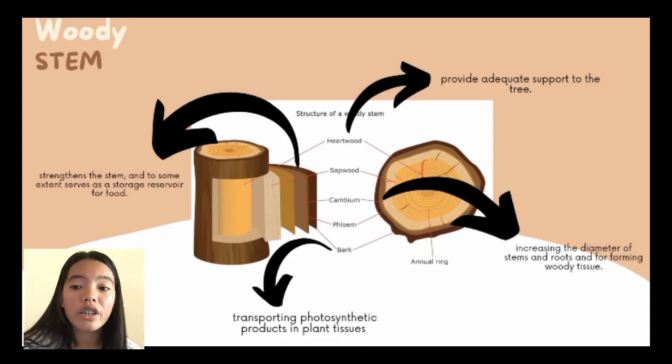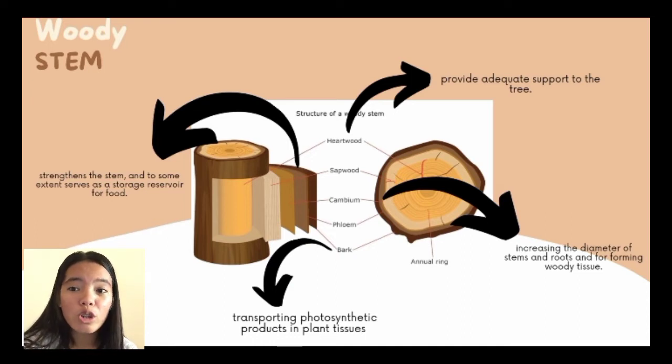Heartwood tends to be darker in color than sapwood because it is normally filled with various types of oils, dyes, and sugars. The primary function of heartwood is to provide adequate support to the tree.